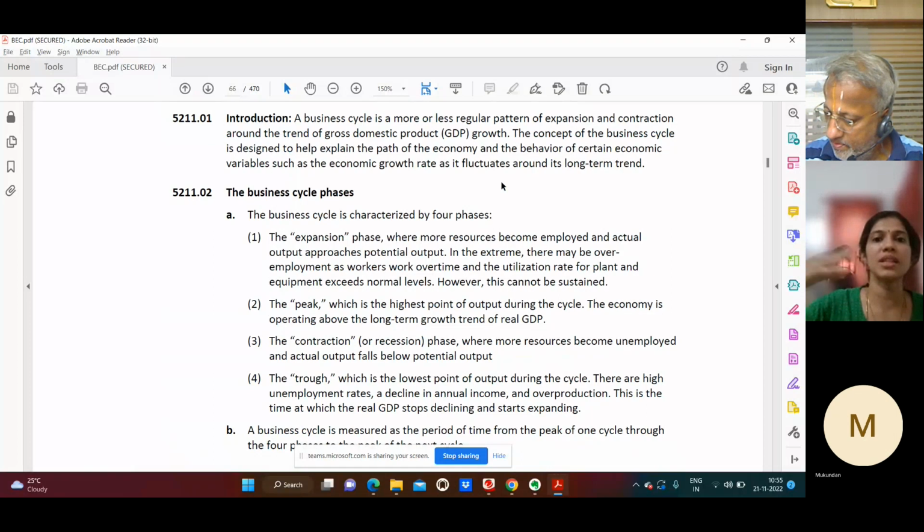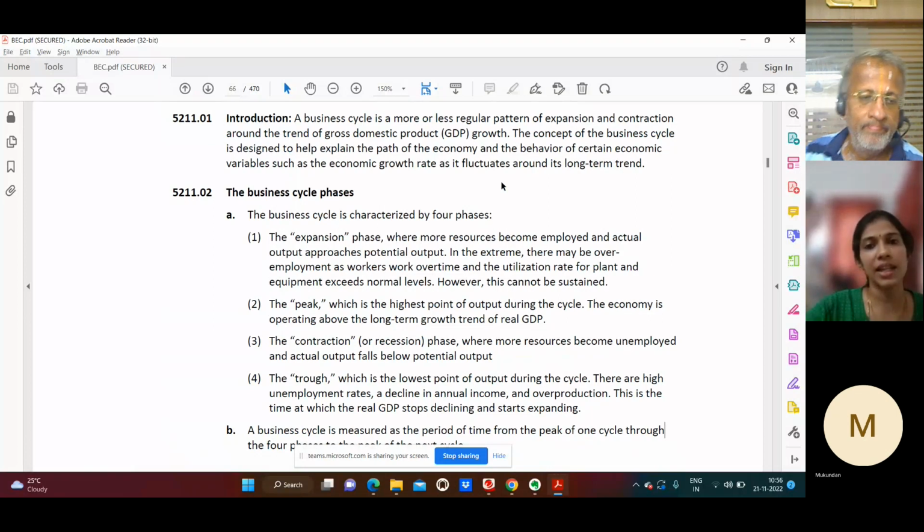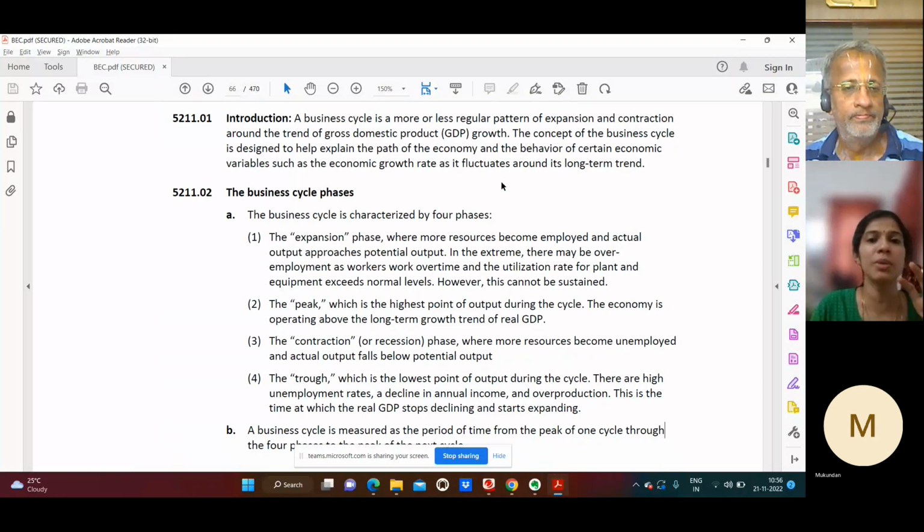If the majority of the businesses are going through an expansion stage, then GDP is also growing. If the businesses are not doing great, then GDP growth is not that great, right? So GDP is one of the indicators of which cycle of the business the economy as a whole is going through.